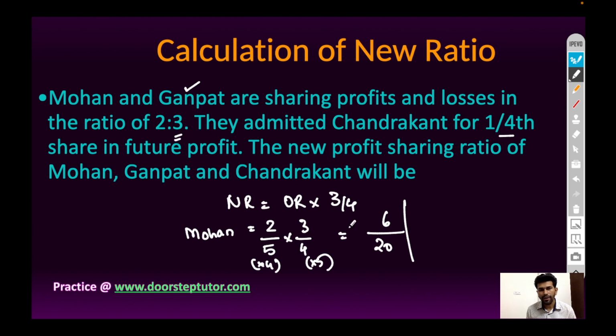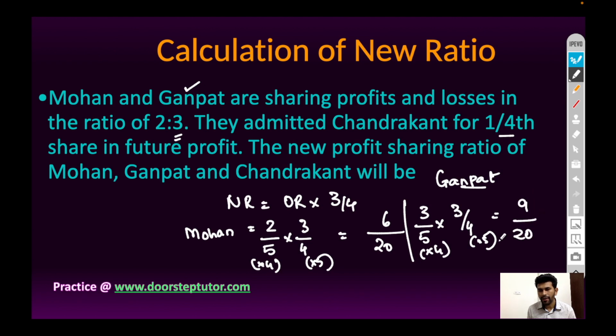His share is 3/5. 3 by 5 multiplied by 3 by 4. Now 3 into 3, 9 divided by 20. So this is the ratio of Mohan, and 9 by 20 is the ratio of Ganpat.